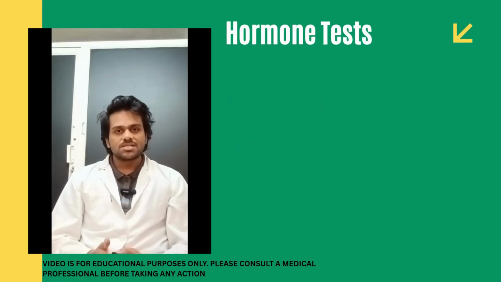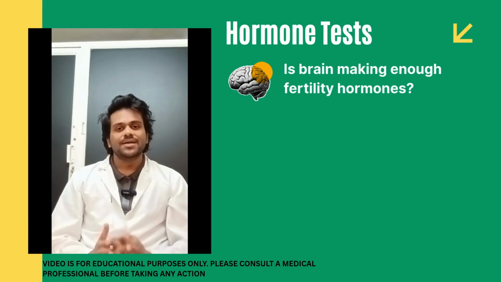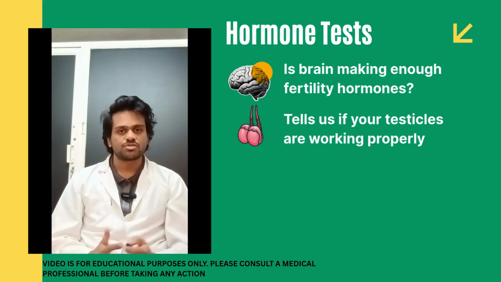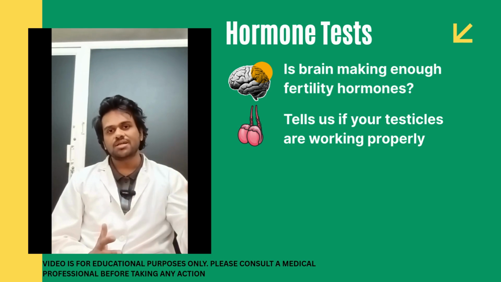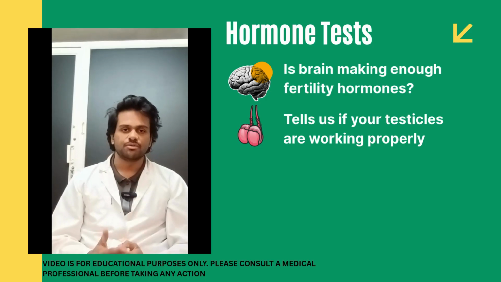Then why are the blood tests done? What do we check in the blood tests? So we check whether the hormones which are necessary for fertility are being made by your brain in adequate quantities. In this is the FSH test and the LH test. Both these are important for manufacturing your sperms and also for creating enough testosterone. These are made by the brain, and if their levels are below normal, it means they are not being made enough, and so then your doctor can treat you for that.